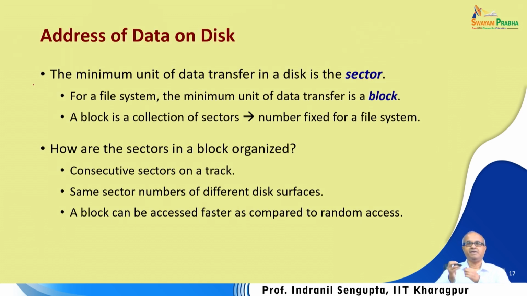Fine. Now, one important question, when I say my file is getting stored on the disk, just like when we discussed memory management, we say that a program is loaded into memory. So, the question you ask is, where in memory, what is the memory address?